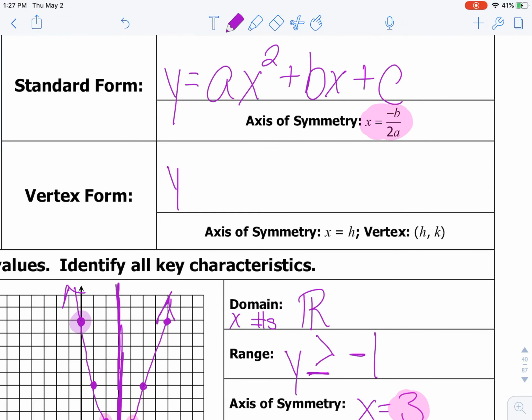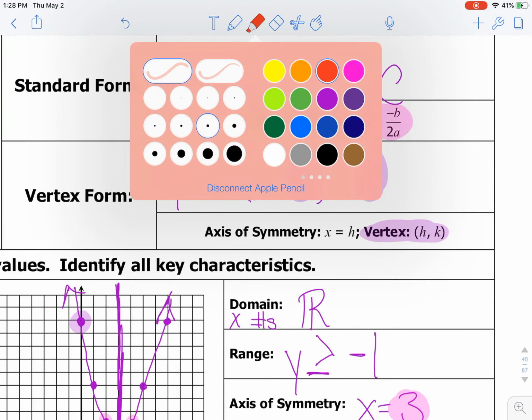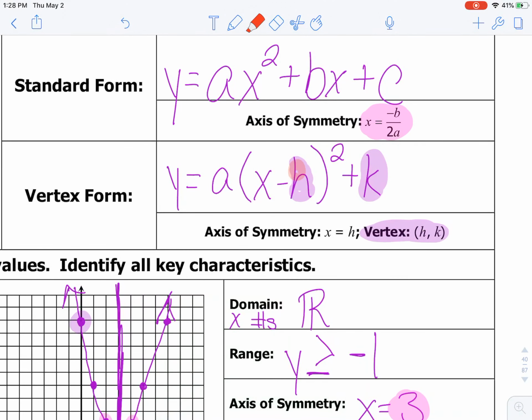That vertex form, y equals a times x minus h squared plus k. That h number and the k number are telling me my vertex. And that h number is also telling me my axis of symmetry.